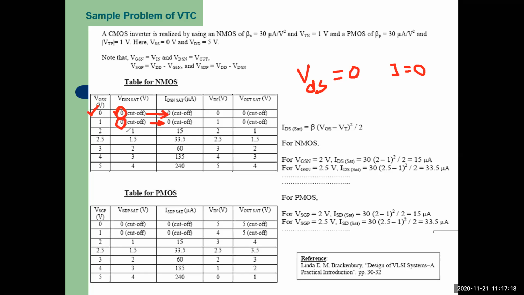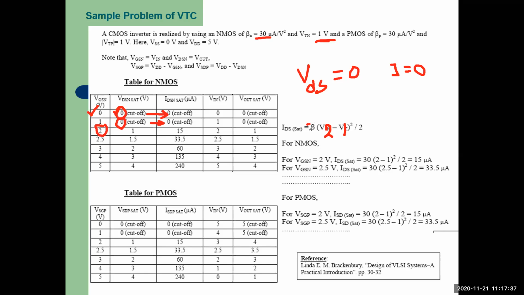Now for 2, we are getting 1, so it is not 0. So we have a value. Here our VGS minus VT is equal to 2 minus 1. Our VT is equal to 1, so let's put 1 here. Our beta is equal to 30.